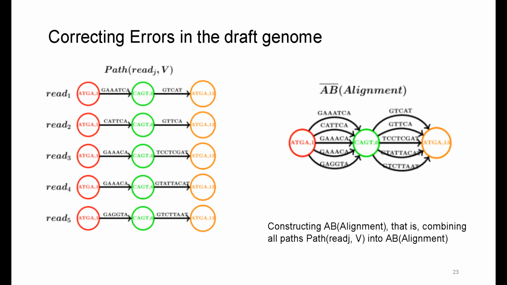Below, we describe how Bridgen constructs a consensus for each necklace. It computes the necklace consensus and transforms the inaccurate draft genome of the dataset into a polished one.